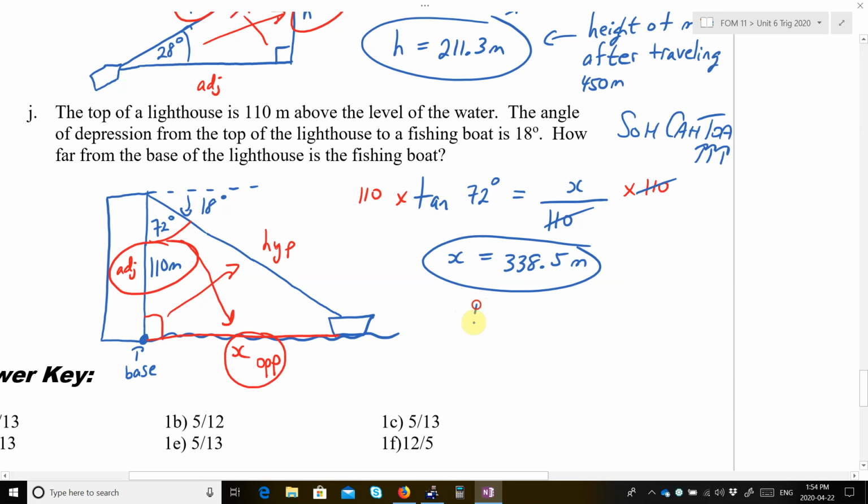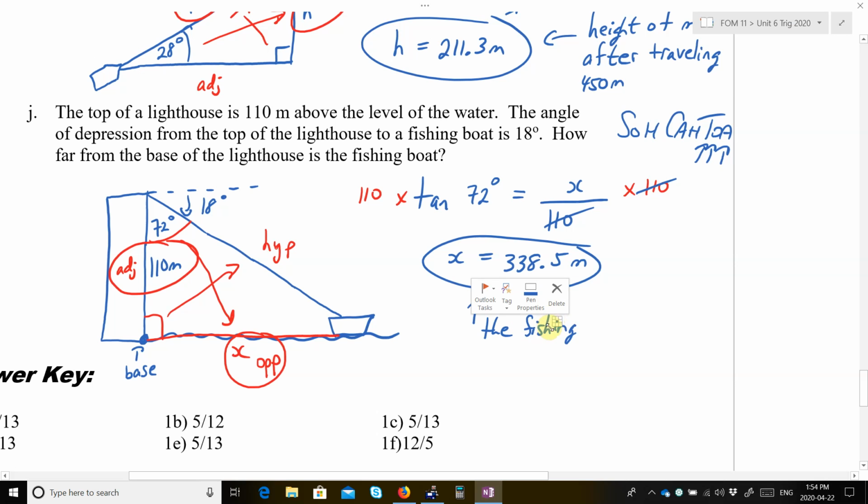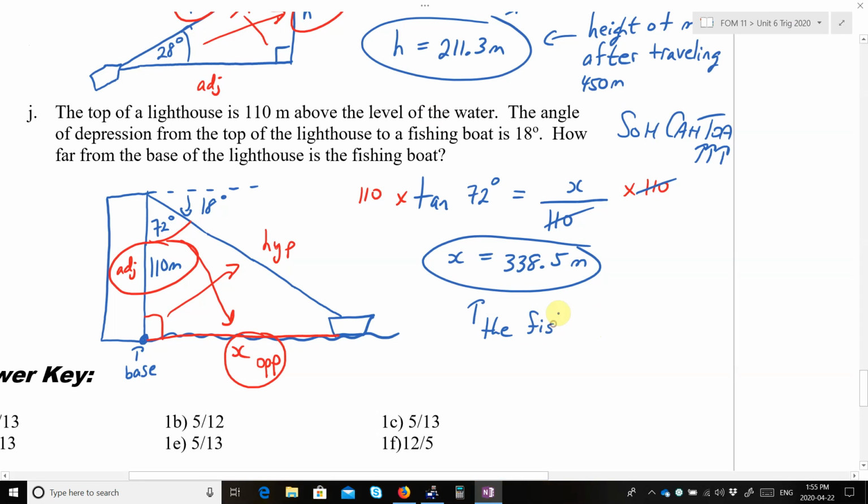And we can say the fishing boat is this far away from the base of the lighthouse.